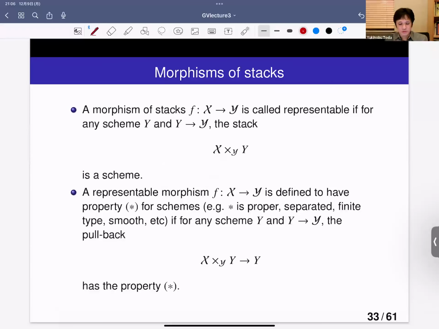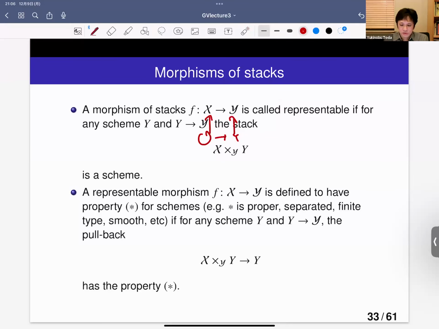A morphism of stacks X to Y is called representable if for any scheme T and any map T to Y, if we take its fiber product, then this is a scheme. This is the definition of a representable morphism. It is known that it is representable if and only if the induced map on automorphism groups is in fact injective.